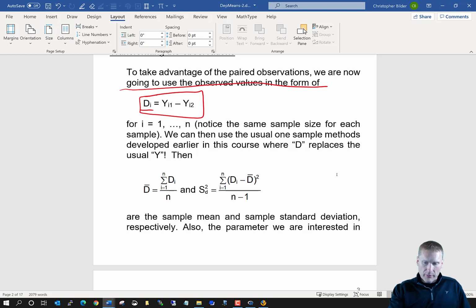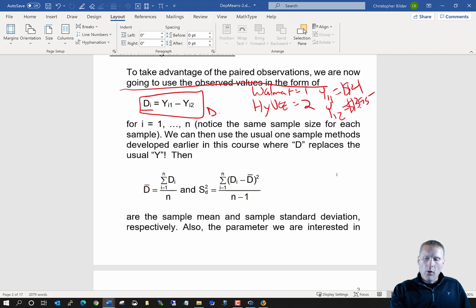So for example, with respect to the Walmart and Hy-Vee example, let's say that Walmart is population 1, Hy-Vee is population 2, and let's say y11 would be the Wheaties price, $4. y12 is the price at Hy-Vee, and so that d1 is going to be 0.05 or 5 cents.